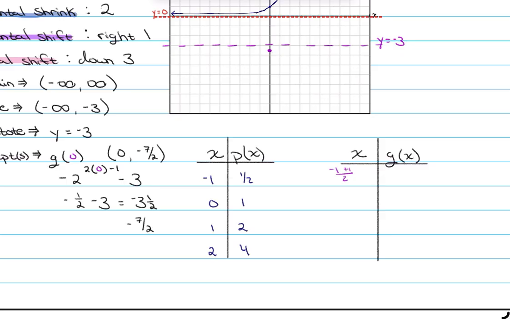That's 0 divided by 2, which is going to be 0. All right. Then we're going to take 0, add 1 to it, and then divide by 2.